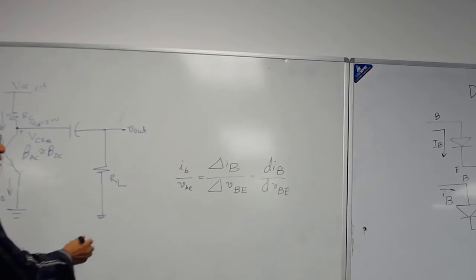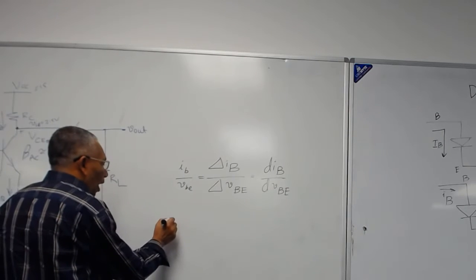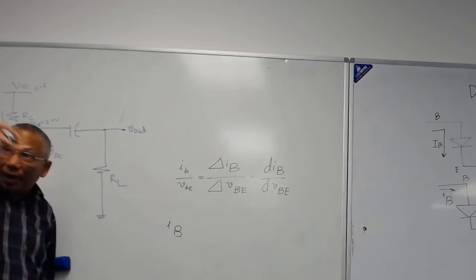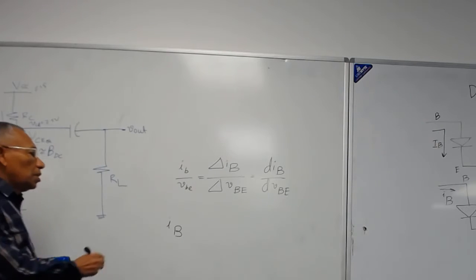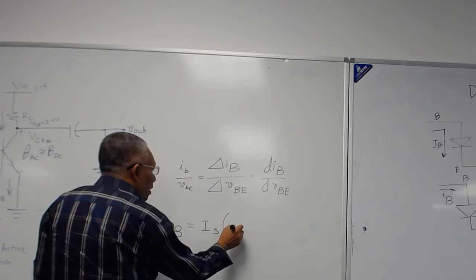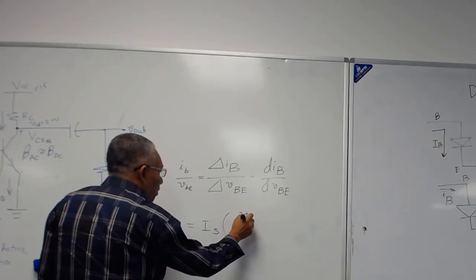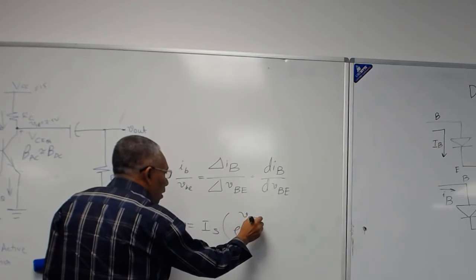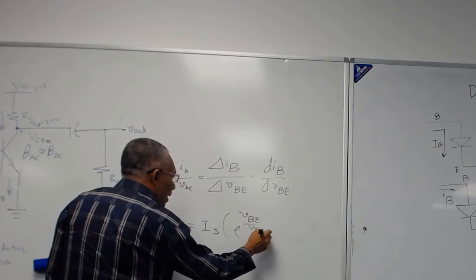And what is IB? Remember, IB is the composite base current, which is a diode, equal to I sat, saturation, e to the power small v big B by Vt minus 1.